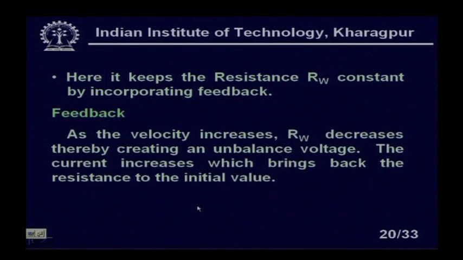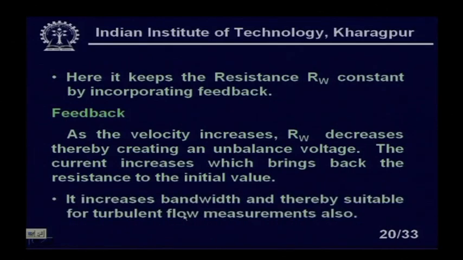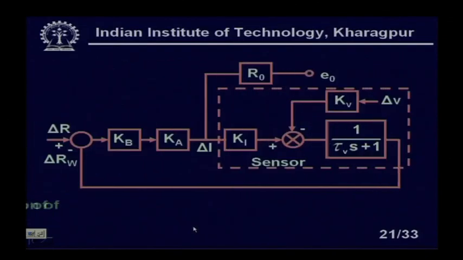Now, as the velocity increases, R_W decreases, thereby creating an unbalanced voltage, and the current increases, which brings back the resistance to the initial value, right. It increases the bandwidth and thereby is suitable for turbulent flow measurement also. So, since we are using feedback, it is suitable for measurements of high frequency swirls and turbulent flow.